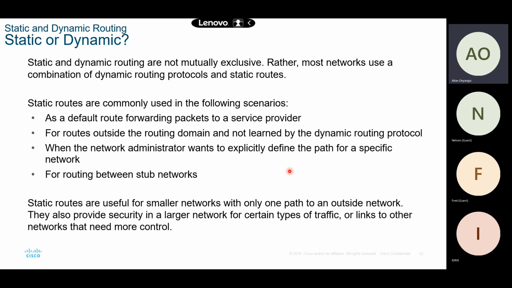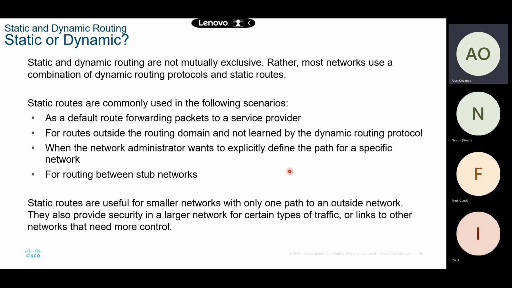Static routes are commonly used as a default route to forward packets to the service provider. Very, very important. You can also use static routes for routes outside of your routing domain that are not learned by the dynamic routing protocol.